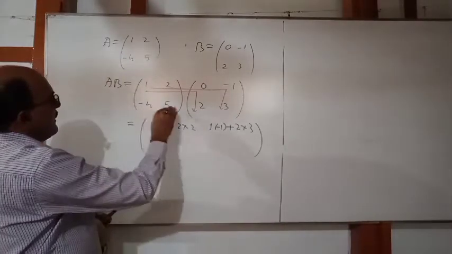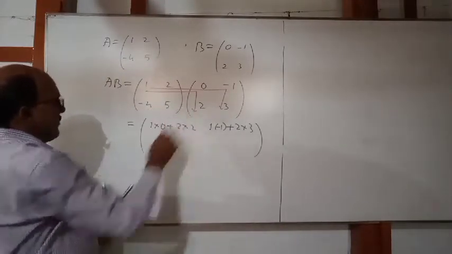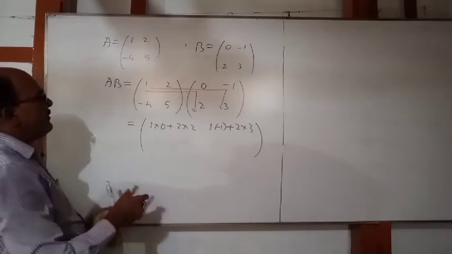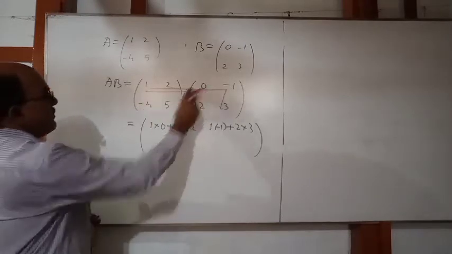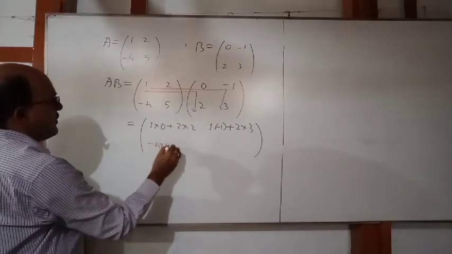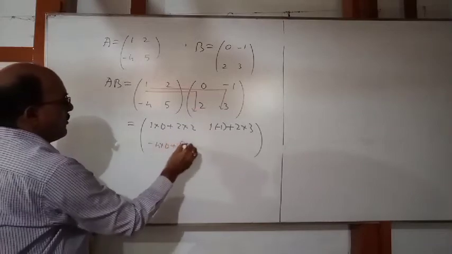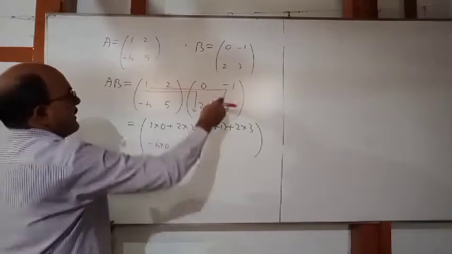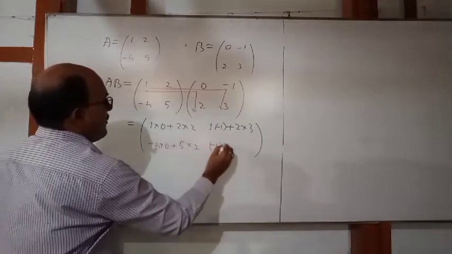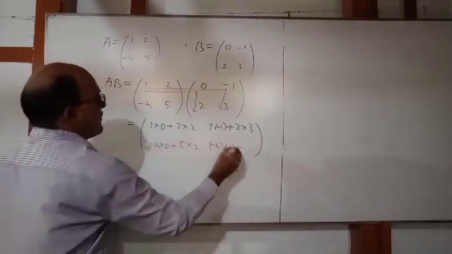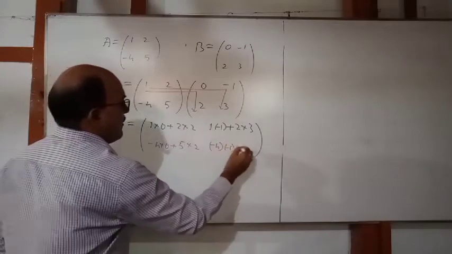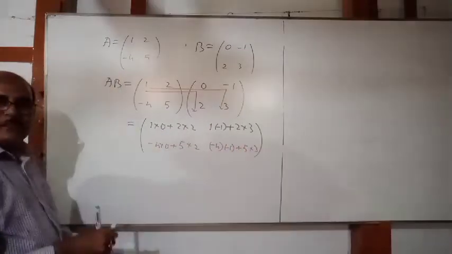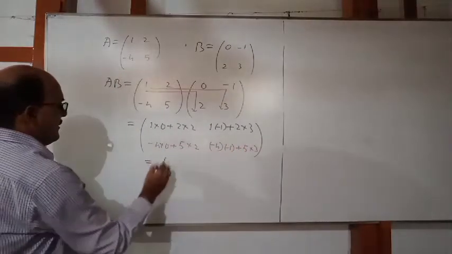Same action we shall take with second row. If we take with second row, the elements will be minus 4 into 0 plus 5 into 2. Second row, first column. Now, then second row, second column. Minus 4 into minus 1 plus 5 into 3. So, what is the answer?